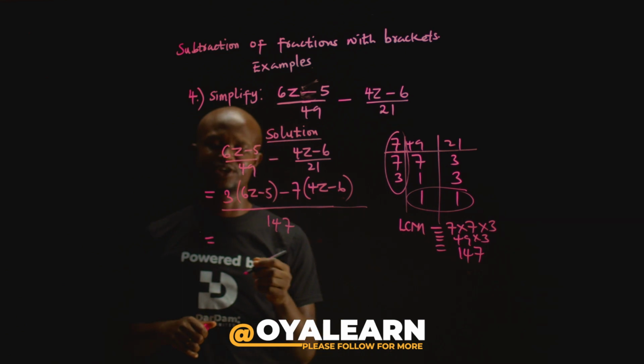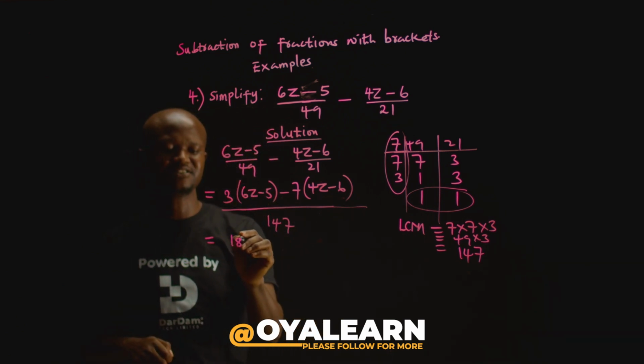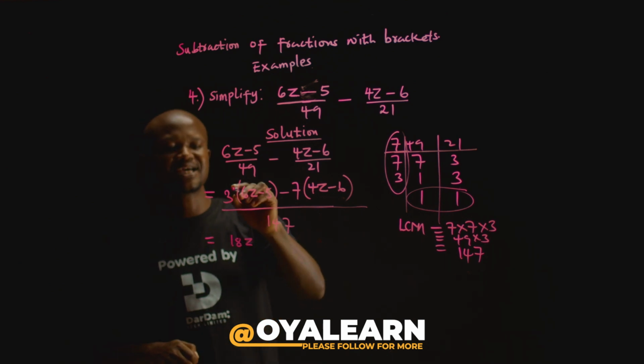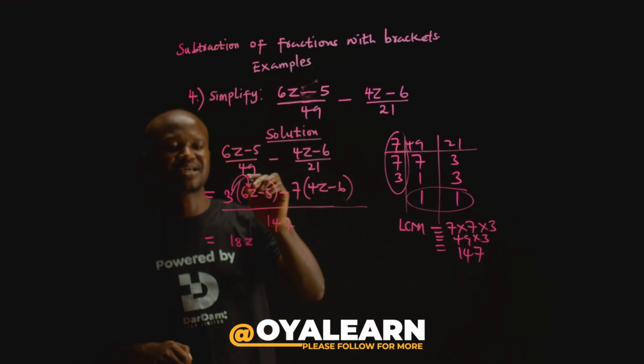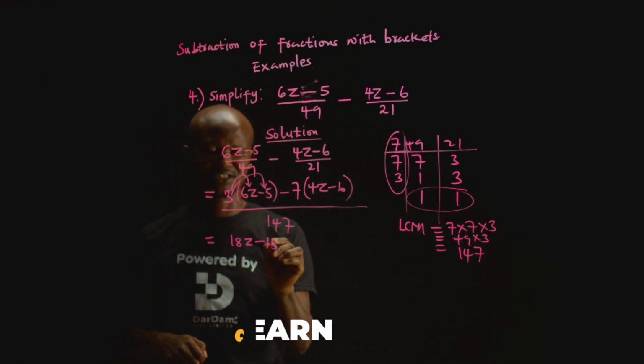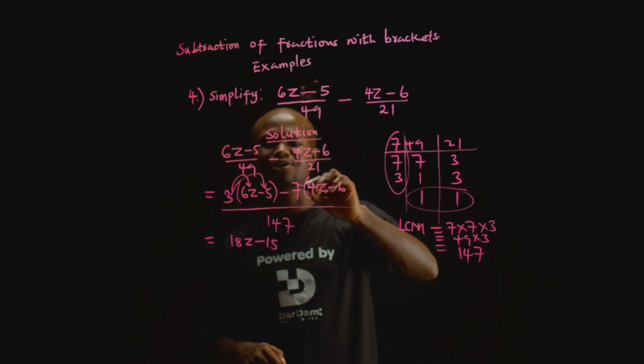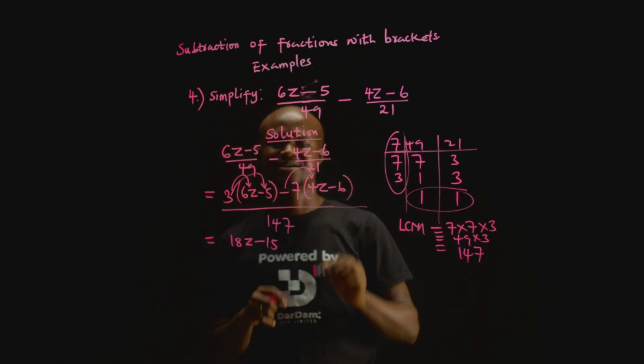Now, the next thing for us to do is to expand the brackets at the numerators. 3 times 6z, what do we have? 18z. The same 3 we also multiply minus 5. So we have minus 15. Now, the next thing is to use minus 7 to expand the bracket here.